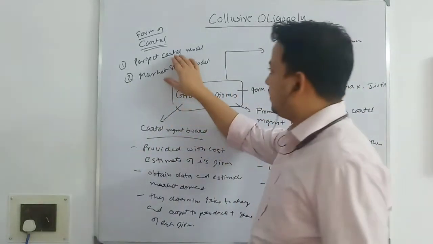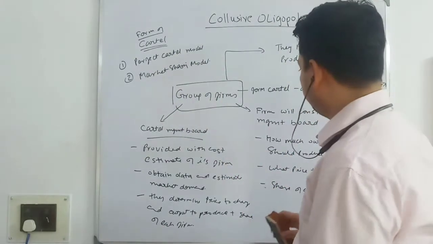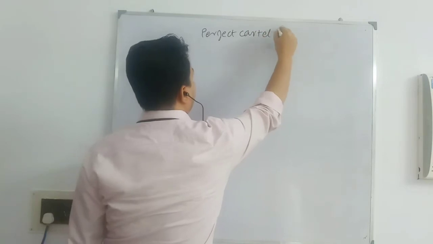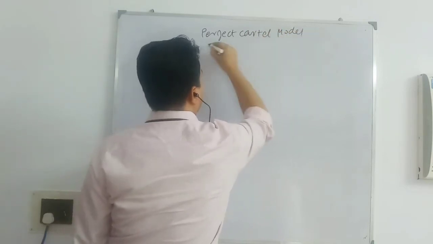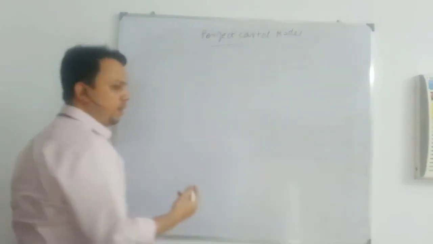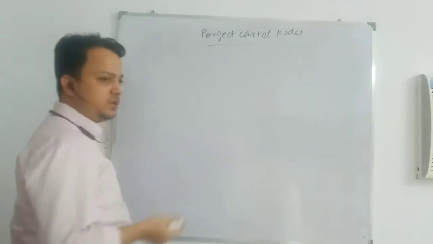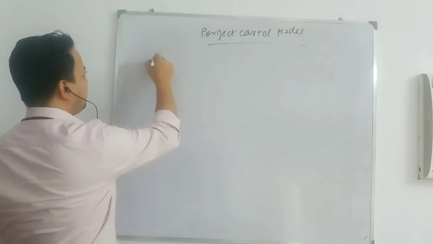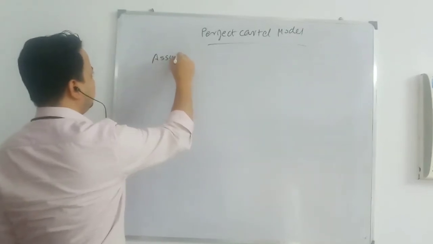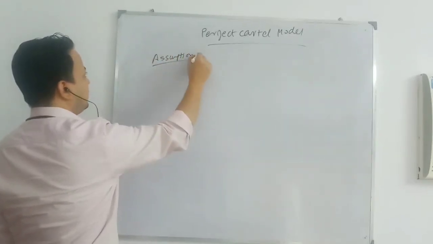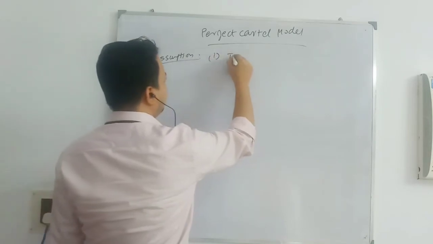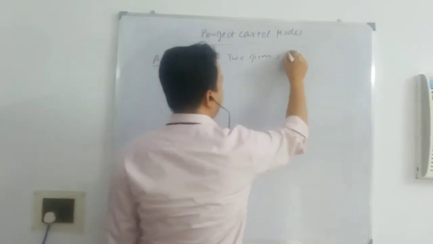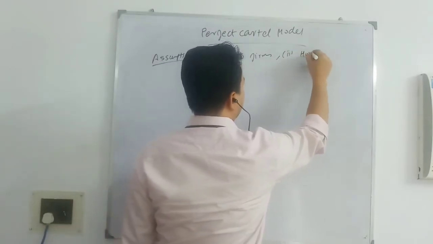Now I am going to look at this perfect cartel model. You may want to write it down. When we do any model, every model is based on certain assumptions. So first we will look at the assumptions of this perfect cartel model. The first assumption is that we take two firms, and both firms produce a homogeneous product.